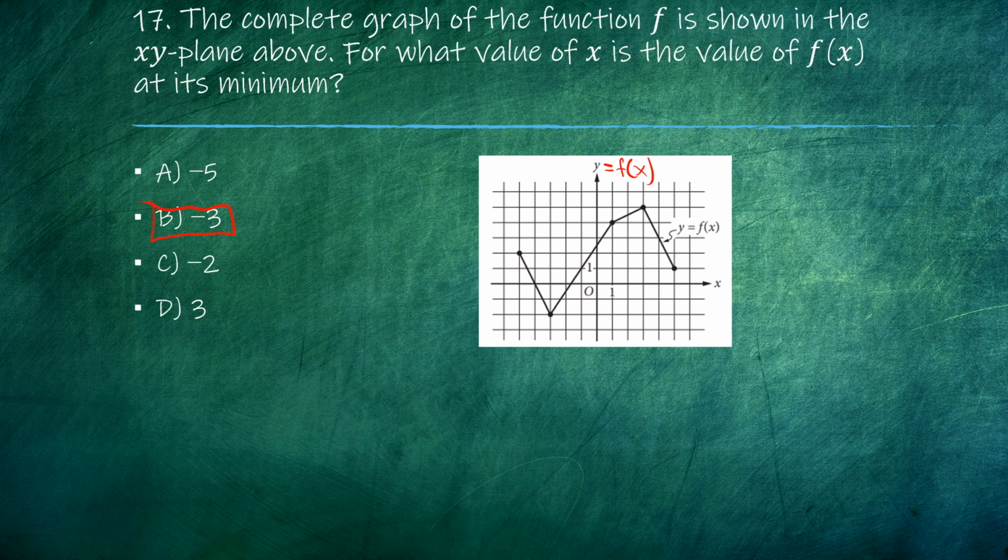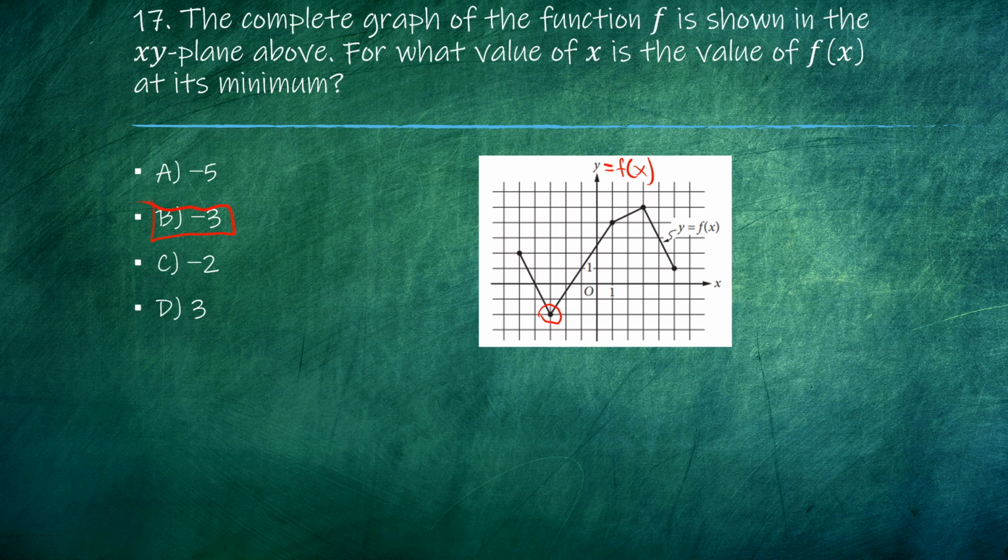And the question is asking at what value of x on this graph is the value of y at the minimum. So let's look at the graph. Which point is when y is minimum? The point is here. It's when y is equal to negative 12. So let's circle this point.